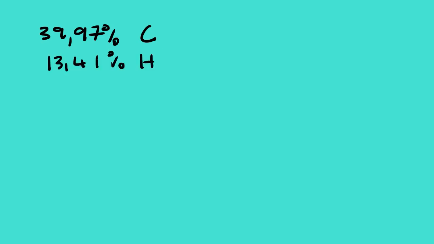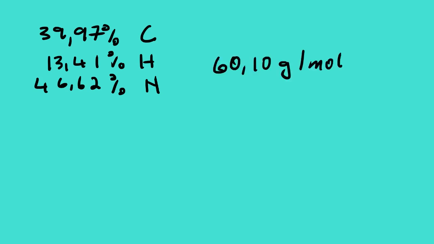Prove that the molecular formula of a compound that consists of 39.97% of carbon, 13.41% of hydrogen, and 46.62% of nitrogen, with a molar mass of 60.10 grams per mole, is C2H8N2.